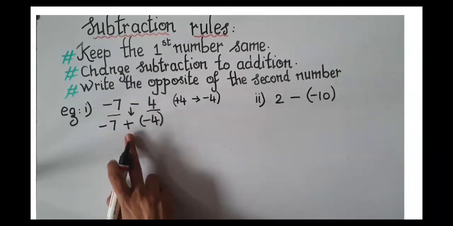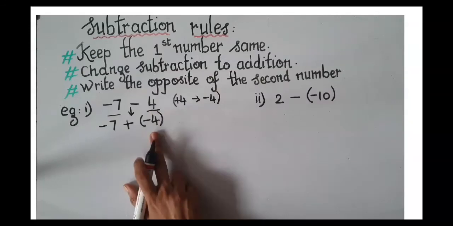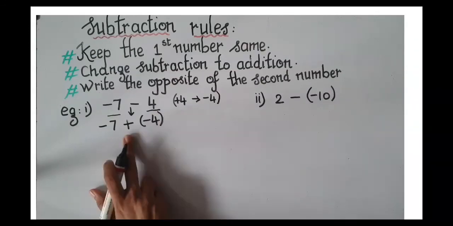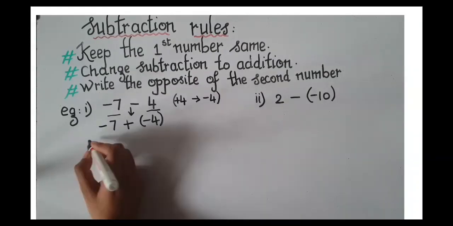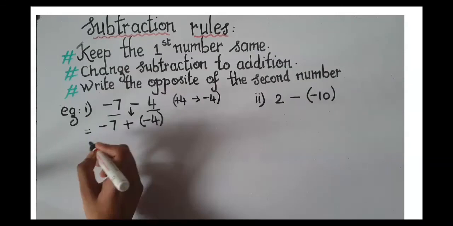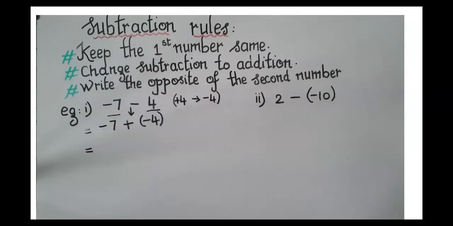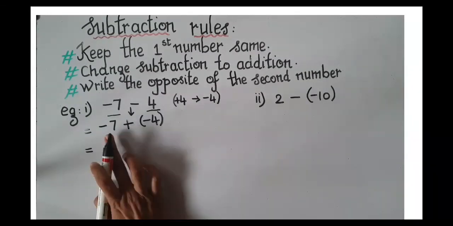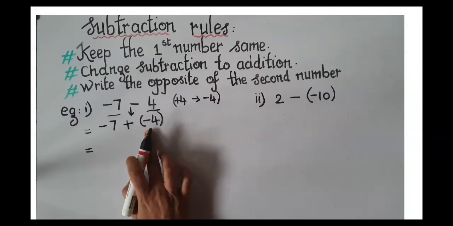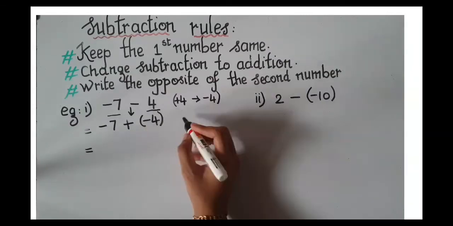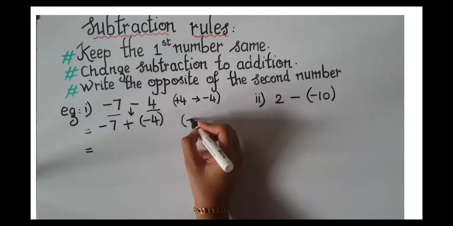Now here the last step is using the rules of addition. You can see how I have changed the sum. Keep it, change it, opposite it. Now in addition rules, you have both the addends having a negative sign, -7 -4. So minus minus, you have to ignore the signs in the beginning.